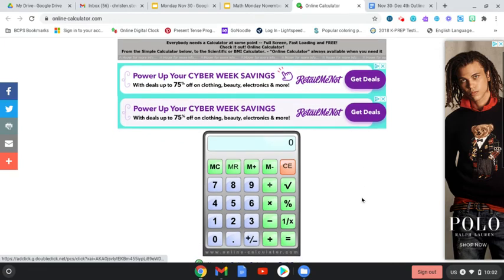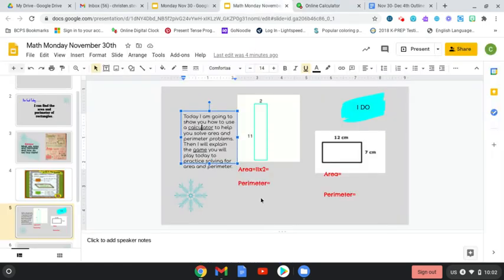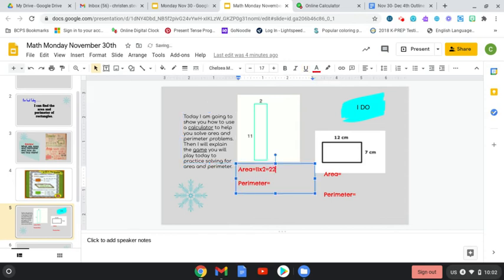And I would just type in 11 times 2 and hit enter, and that's going to give me 22. So I'm going to go here, and my answer is 22. Okay, it doesn't give me the unit on this one, so I just put 22.